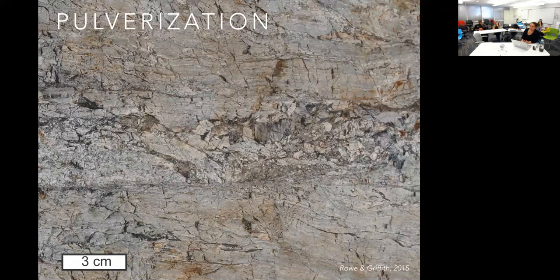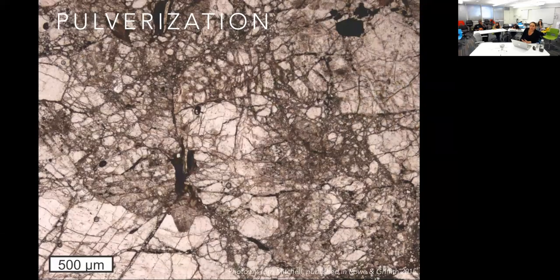We estimate these are like magnitude 4 or 5 earthquakes, where the one wall of the fault is just completely exploded. So forget your little tensile cracks. Now you've got a million tensile cracks instead of a few nicely spaced ones, turning that mylonite completely into a breccia. This is only a few centimeters thick.